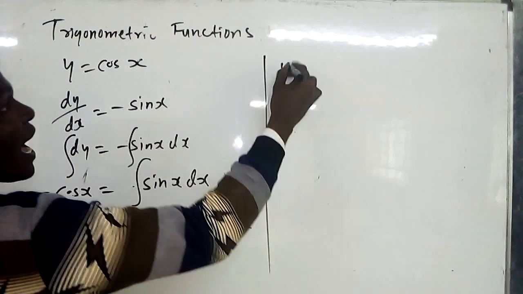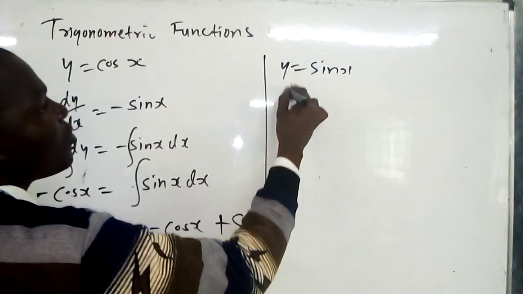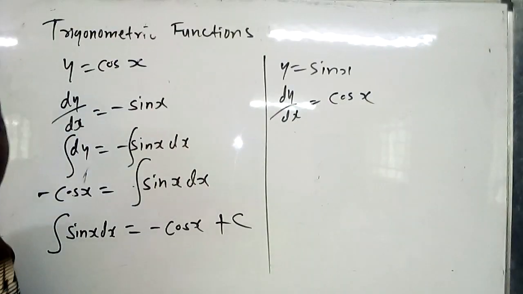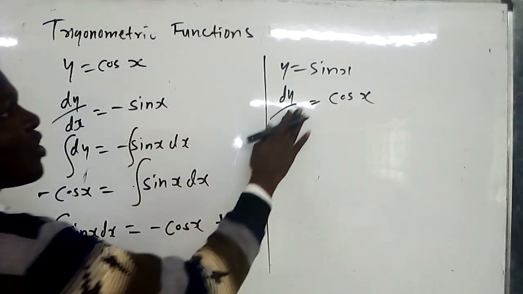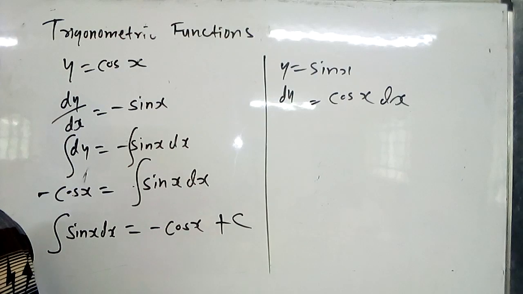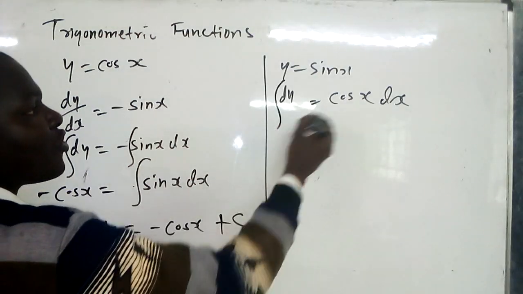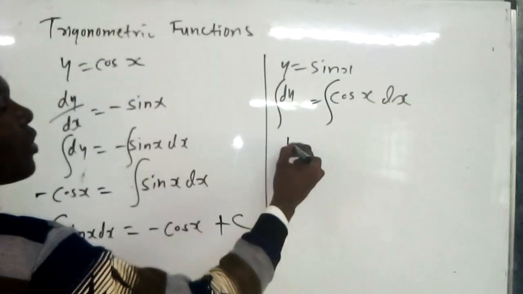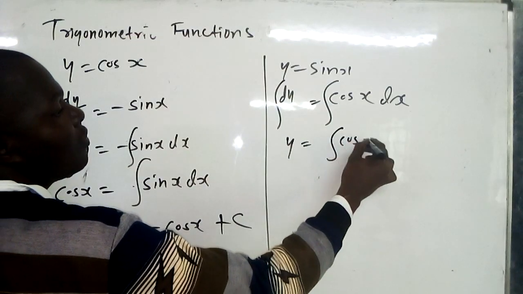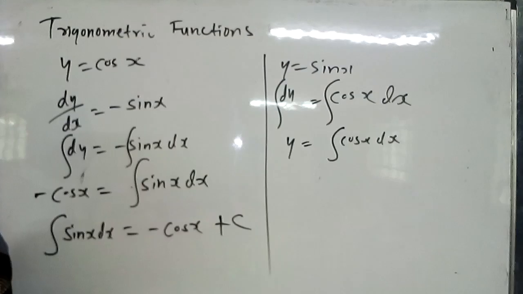So if you have y is equals to sine x, it means differentiating y with respect to x, if you differentiate sine x, you get cos x, isn't it? Are we together? Then you take the dx to the other side of the equation, so you have dy is equals to cos x dx. If you introduce integral on both sides, you get y is equals to the integral of cos x dx.